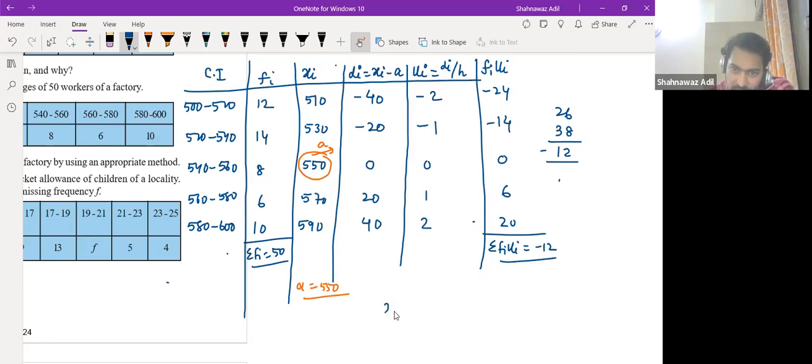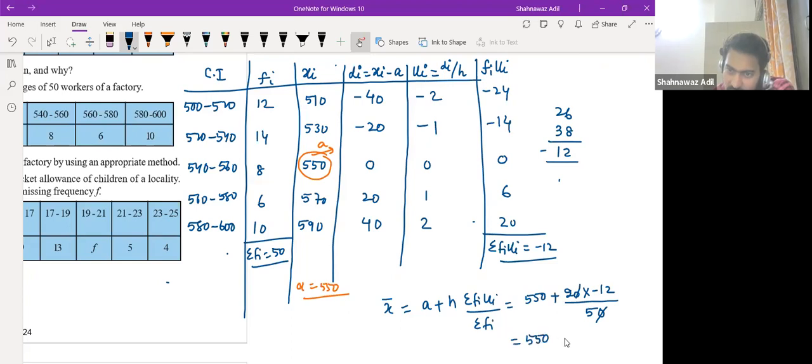Now we have to find out the mean. This is a plus h times summation fi ui divided by summation fi. So a is 550 plus h is 20. This is minus 12 divided by 50. So this part cancels and we have 550 minus 24 by 5.